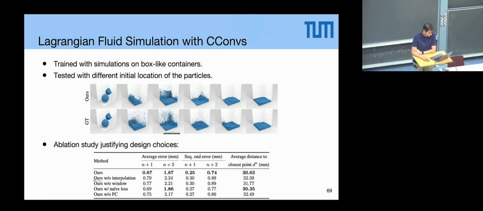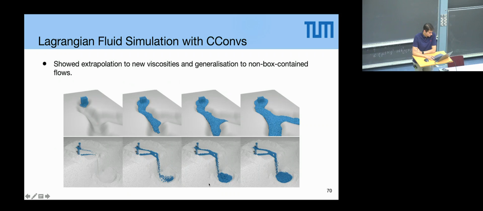For instance, we can see that if we remove the window function, the error at the last time step is larger than in their own implementation. And same as before, we can train with a small number of nodes and then go to other extrapolation cases where we have a larger number of nodes.